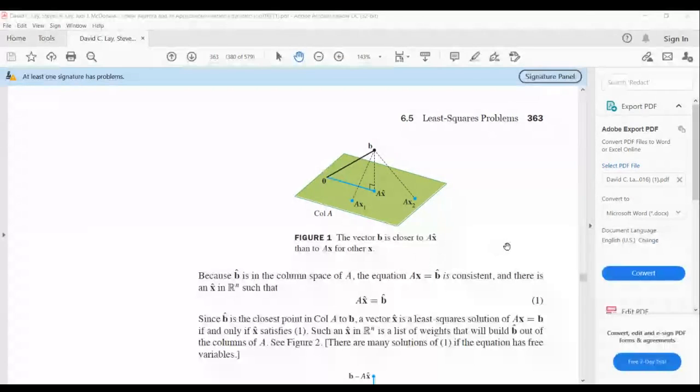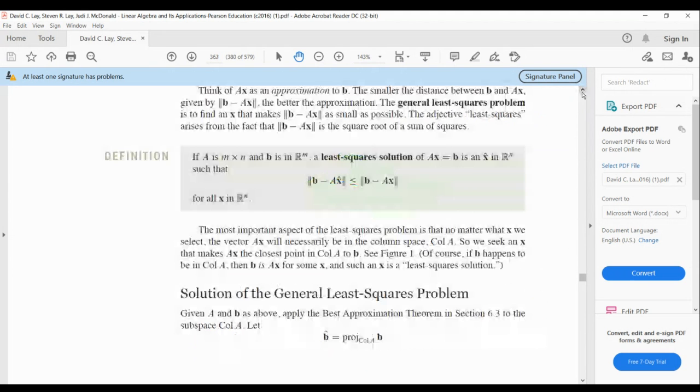So this is what I was trying to convey to you about this section. The vector b in figure 1 here is closer to A times this vector x hat than to any other vector A times x, for any other vector x. Right?